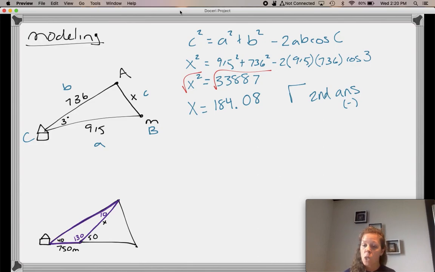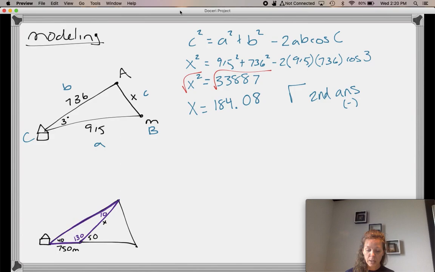And now I know a whole lot about that purple triangle. I know all of the angles and I know one of the sides. And I want to know another side, x. So now I want to decide law of sines or law of cosines. Law of sines can be used when we have pairings of angles and sides across from each other. Because we have all of the angles here, we definitely have pairings.